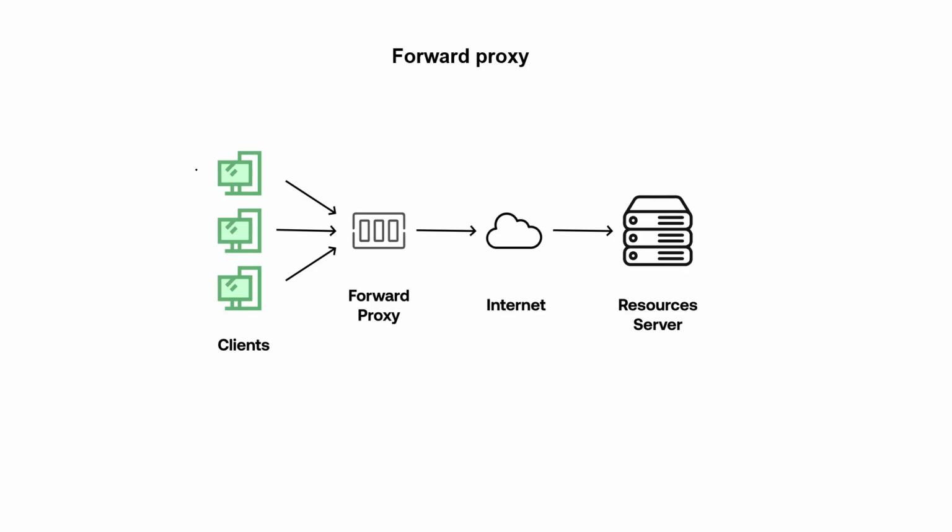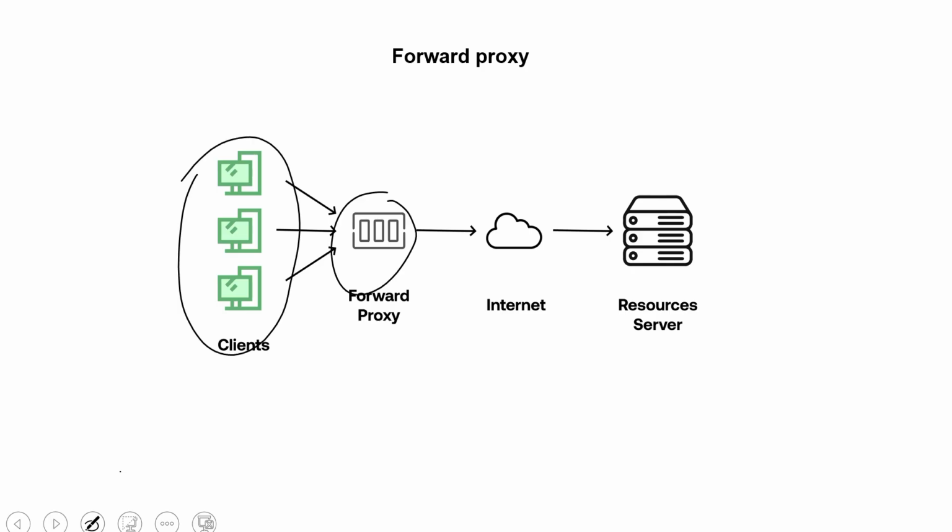These are your clients in your network. It sits between the clients and the internet. This is your internet. All the requests from your clients come to the forward proxy, and the forward proxy filters your requests, sends them to the destination, takes back the response, and sends it to you.